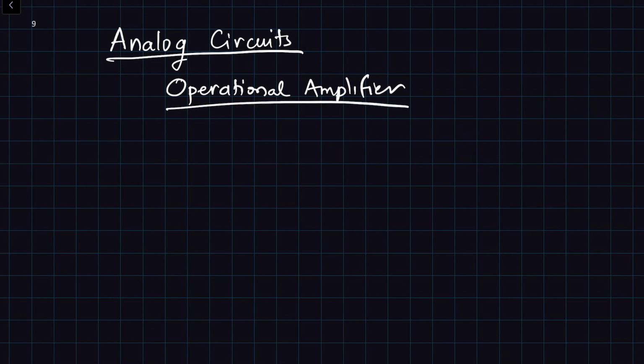What I'm going to do is take you to a commercial website first, and let's look for a really famous operational amplifier which has been used in many applications. The name of the amplifier is 741.